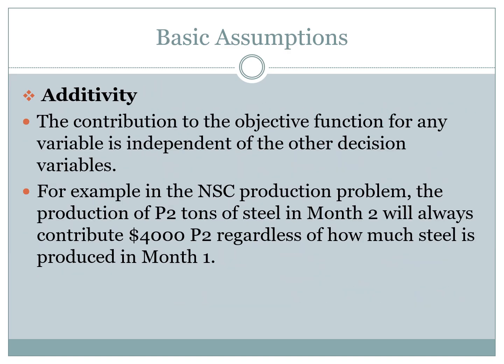Next one, additivity. The contribution to the objective function for any variable is independent of the other decision variables. For example, in the energy production problem, the production of P2 tons of steel in month 2 will always contribute $4,000 P2 regardless of how much steel is produced in month 1.